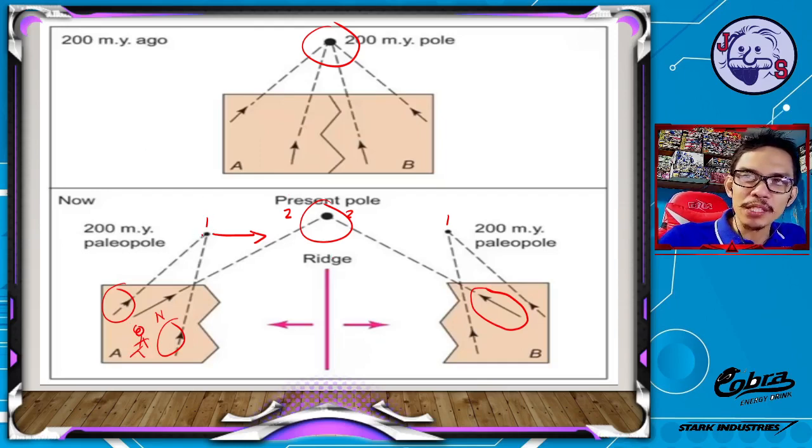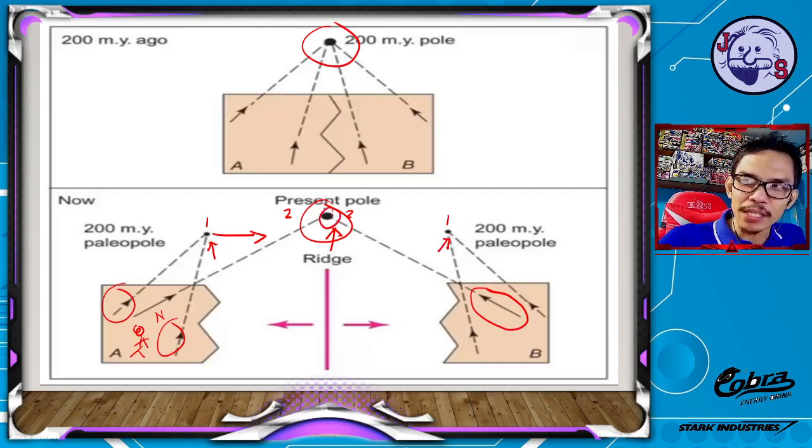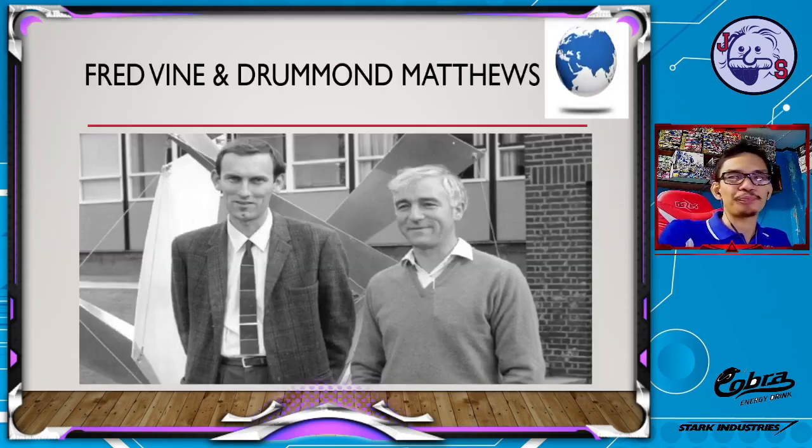The pole that you have right here and the pole that you have right now, the one at the middle, is the same thing. It didn't shift, as well as the one on the eastern side. The pole recorded 200 million years ago is the same as the present pole over here. It didn't shift. The perception gave you that the pole is shifting, but it is not. That is the apparent polar wandering.